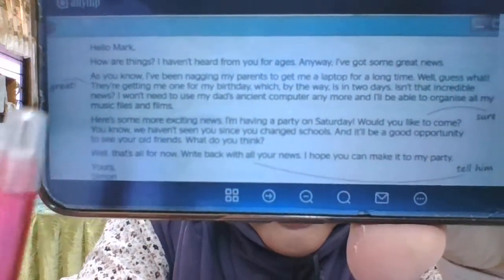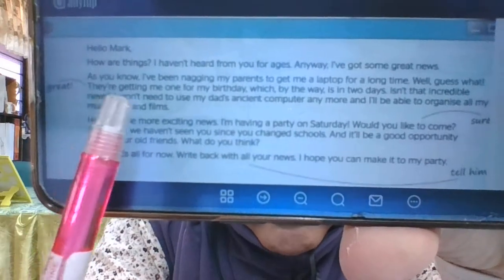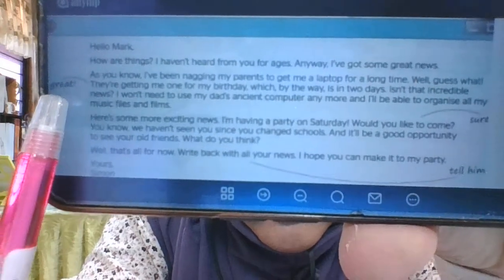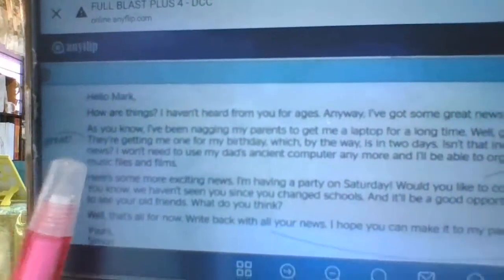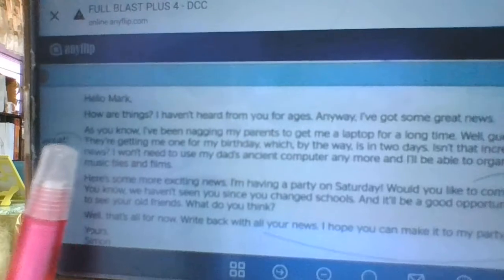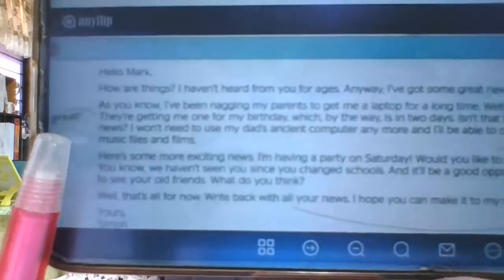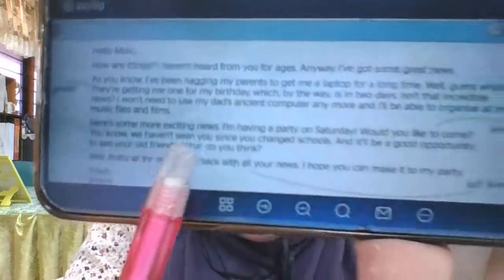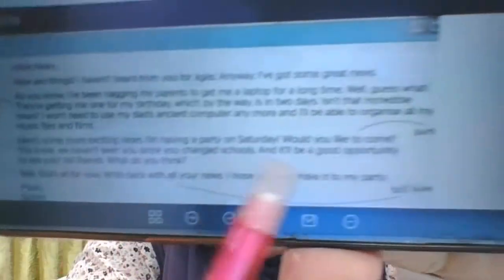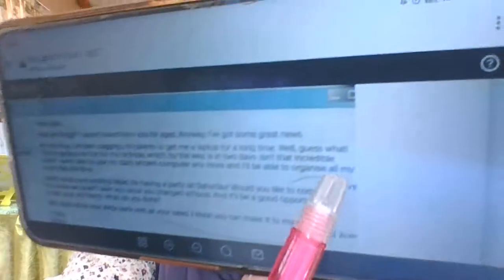Okay, now let's look at this paragraph. What is it? Great. So Mark thinks that Simon getting a laptop is great news. The next one, the second one, sure. Sure means like, okay, all right, I'm good, right? Sure. Okay, next one.